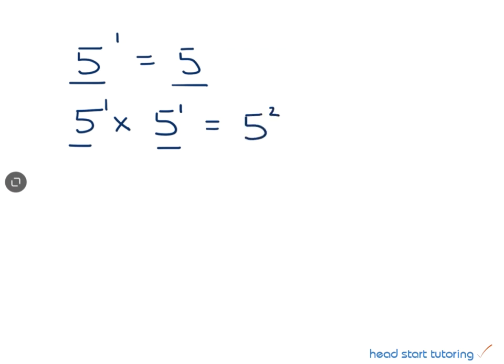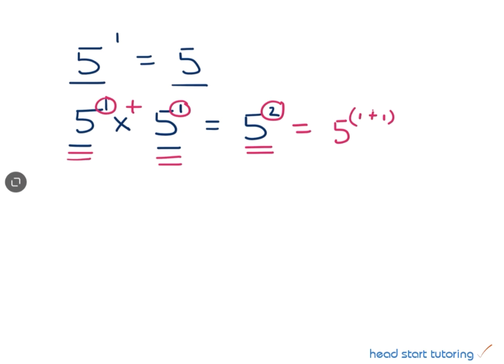And the reason for this is that when our bases are the same, we are able to add our powers. So we take 1 and we plus 1, and the only reason we can do that is because our bases are the same. So in our answer, our base will stay the same, and we've now added our powers. So that 2 over there we get from adding our powers.